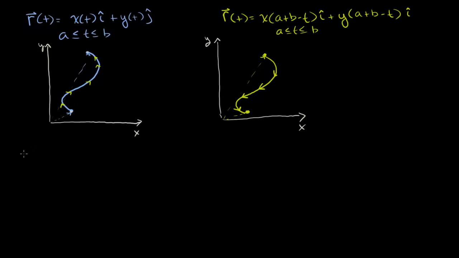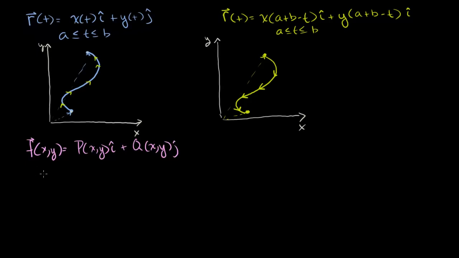So what we're going to do in this video is see what happens if I have some vector field. Let's say f of x y equals p of x y i plus q of x y j. This is just a vector field over the xy plane.